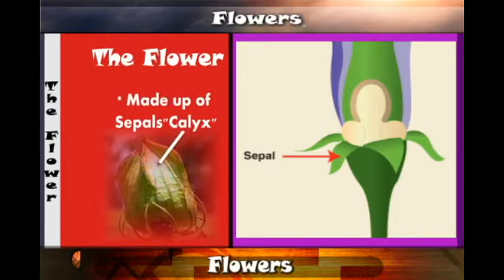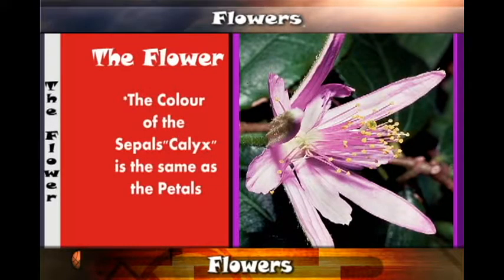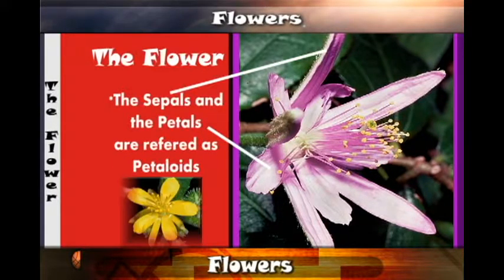At the stage when the flower is still young, or it is still in a bud stage, it is the sepals or the calyx that protects the flower. And if the colors of the sepals are the same as the colors of the petals, then we call those sepals the petaloid.